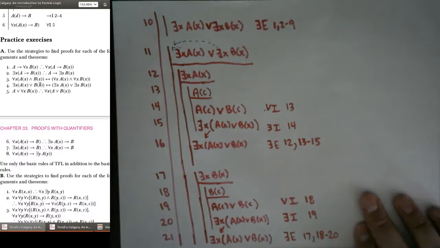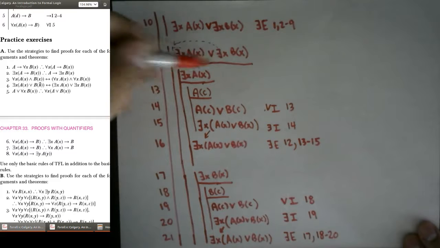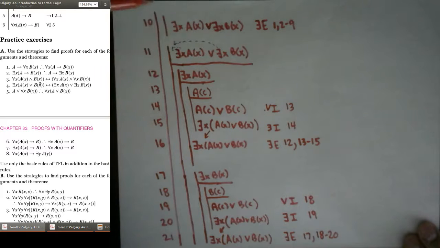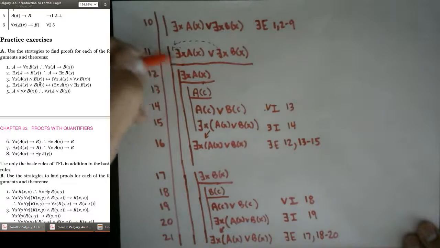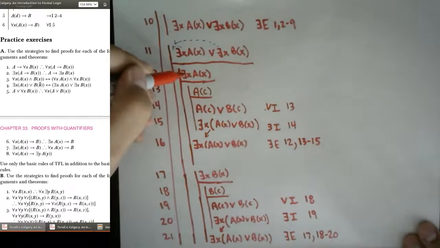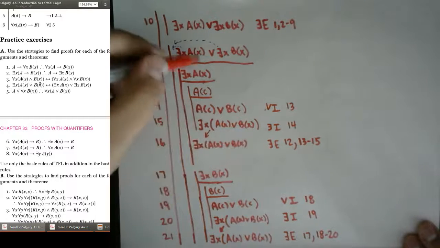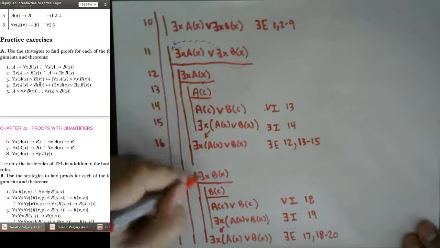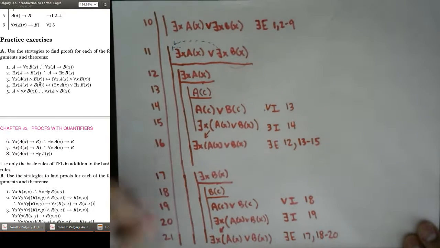Okay, so let's look at what we have here. We have an assumption that's an OR. Main logical operator there is an OR. And that line's gone down the whole way. Now, we took the left side of that OR and we got this statement. And then we proved what we wanted to get out of it. We then took the right half of that thing and got this subproof, which arrived at the same exact thing as line 16.